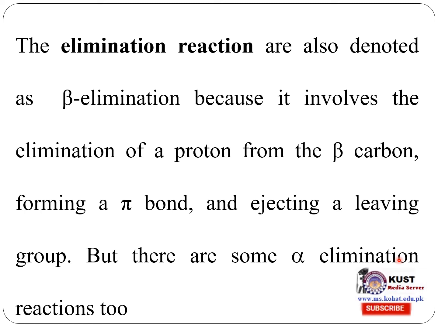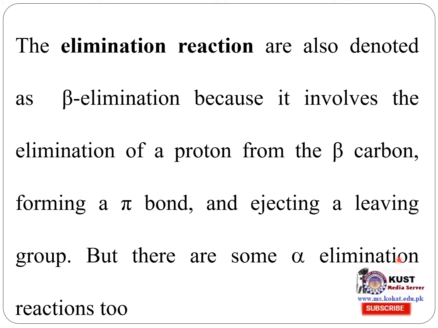Beta carbon is that carbon which is adjacent to the carbon from which the reagent or halogen has been removed. On the removal of a halogen and the proton, a pi bond is formed and a leaving group is removed from the substrate.